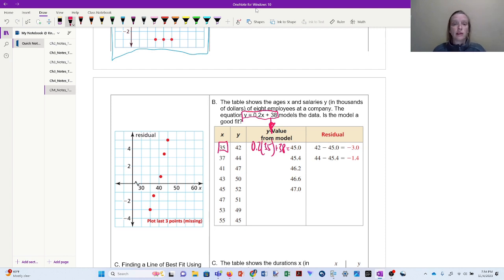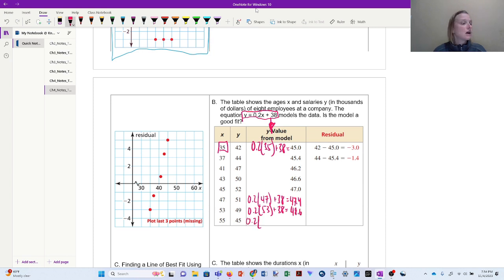I'm going to go ahead and calculate the last 3. So I'm going to do 0.2 times 47 plus 38, which is going to equal 47.4. 53 plugged into the equation is going to give 48.6.